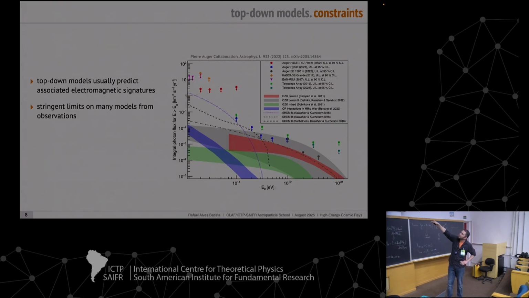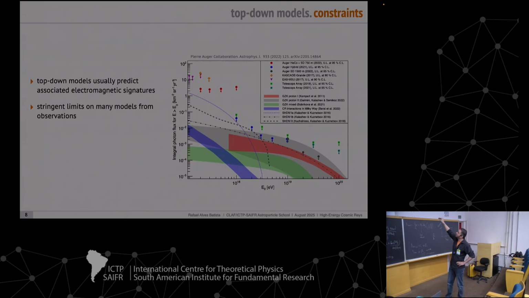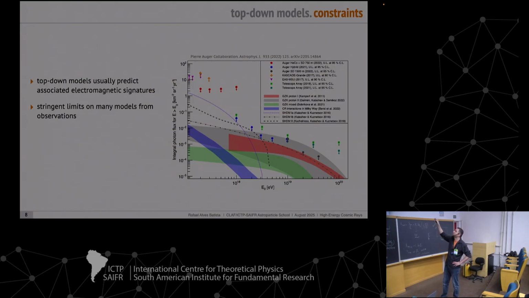So this is the integral photon flux in units of per kilometer squared, per steradian, per year. These are the upper limits from several experiments, these markers, and these are the models. You see that some models are starting to be excluded.